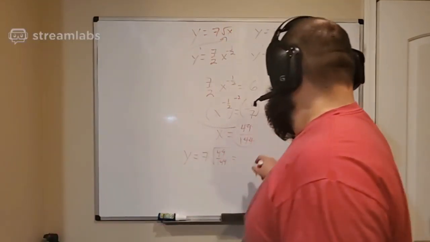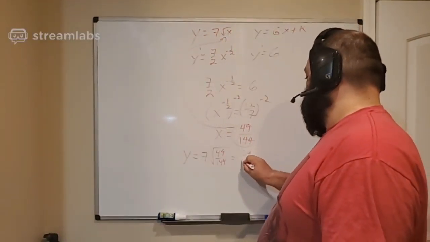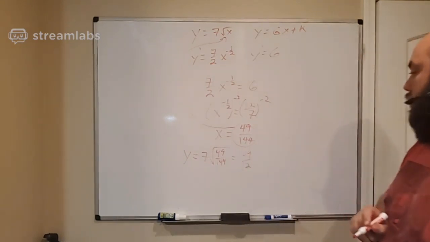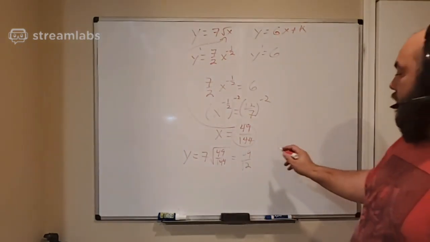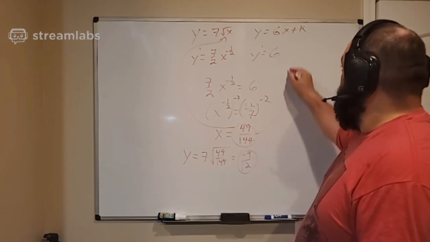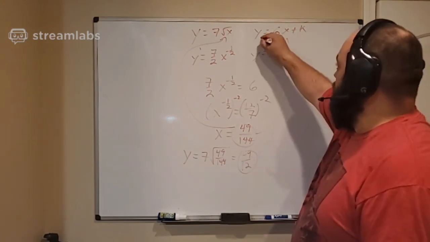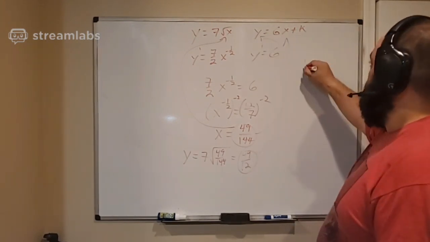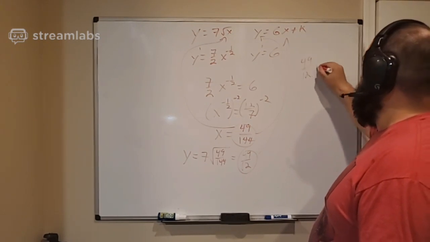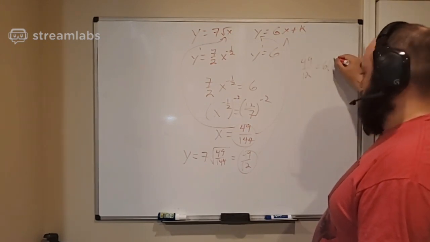And then I can plug both of these in there and solve for k. So I get 49 over 12 equals 6 times 49 over 144 plus k.